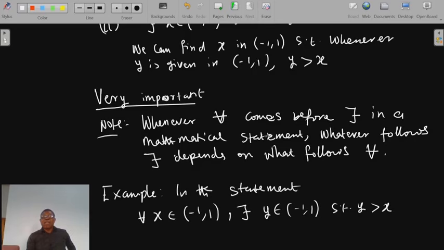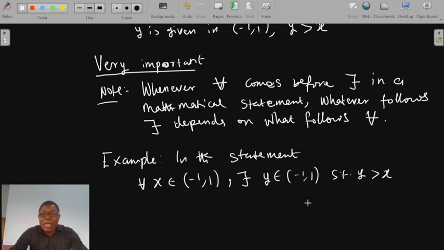So what this statement is telling us is that, in any statement where for all comes before there exists, this thing that follows there exists must depend on what follows for all. Meaning that this particular statement, as written before, is not completely proper. So to put it in a proper perspective, the right thing to write is the following.